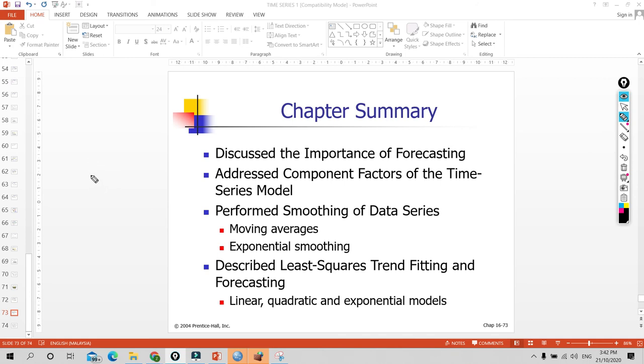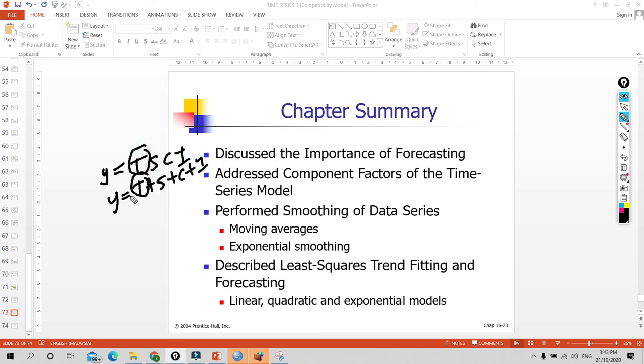So we have Y equal to T, S, C, and I, or Y equal to T plus S plus C plus I, and now we focus more on trend.